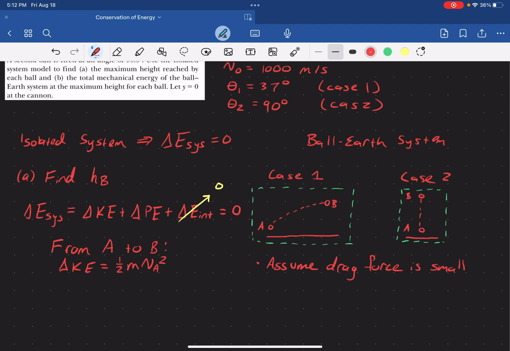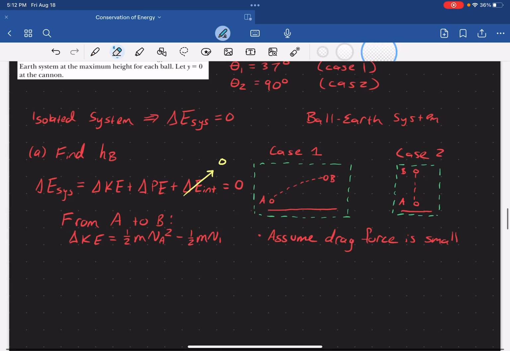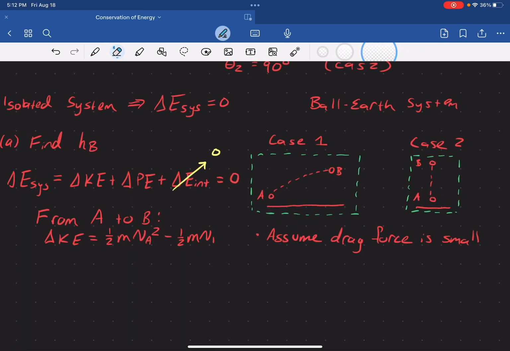That's the definition of kinetic energy at the point A. We subtract. Well, I suppose I should consider it from final to initial. So let's change the first term to the kinetic energy at point B, and the second term to the kinetic energy at point A.